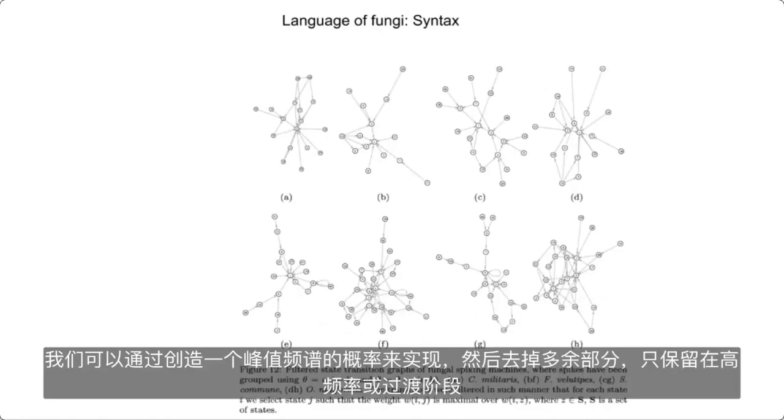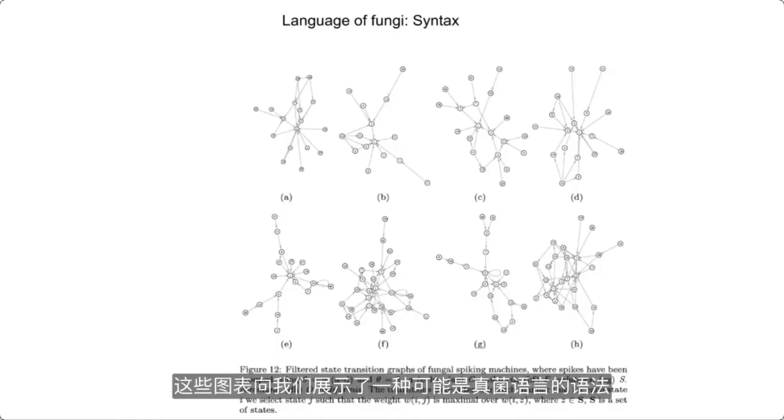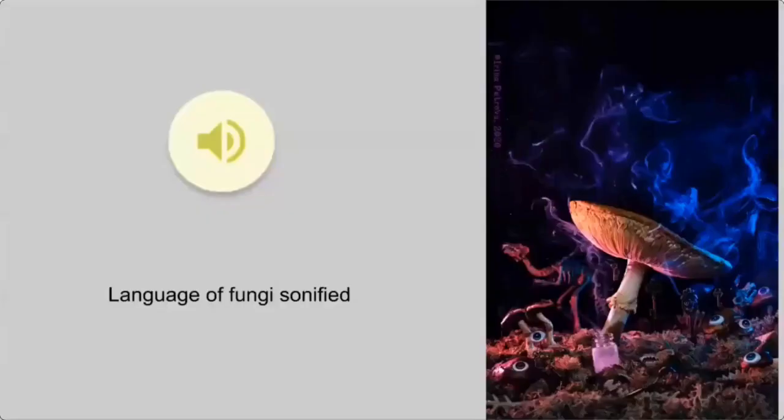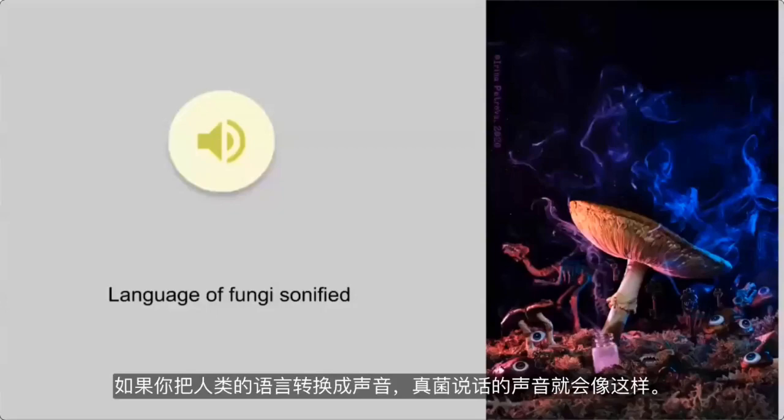And then cutting off and leaving only edges or transitions with the highest probabilities. And the graphs show us the syntax of a probable fungal language. And if we convert this language to sounds, the fungi talking will sound like that.